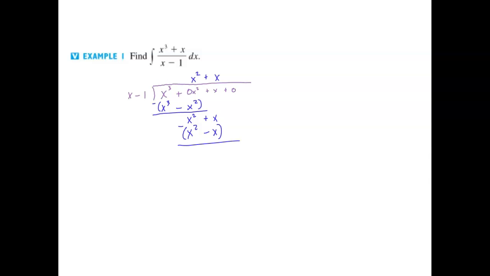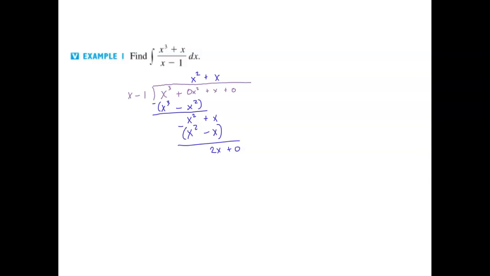You end up with 0. X minus negative x is 2x, right? You can bring down the plus 0 if you like. All right.